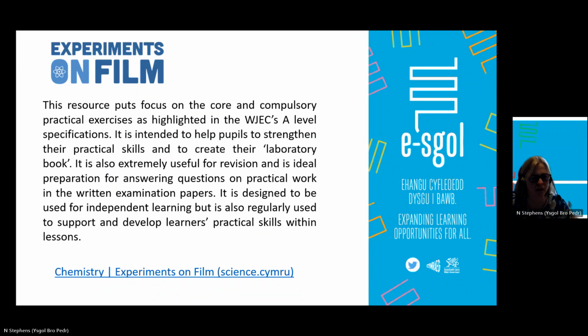Whilst it was originally intended to be more of an independent resource, it is very commonly used by us teachers, me included, within our own lessons as well, to strengthen, develop and support you as pupils as you go through the practical elements, both in AS and in A2.